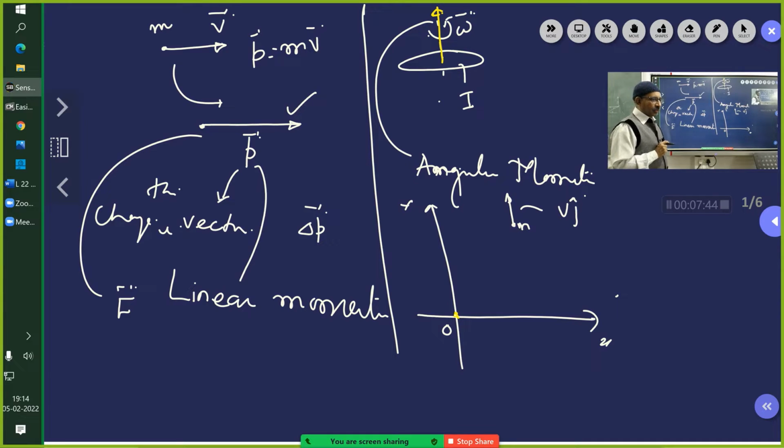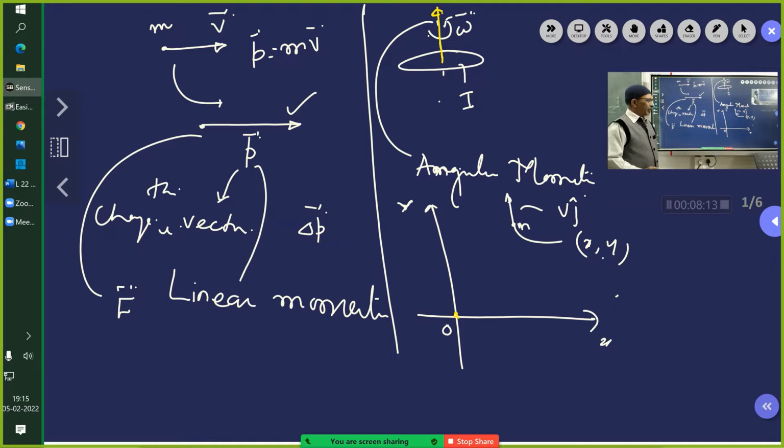It will have. And what is the angular momentum? Everybody try to answer. Sir, please give us coordinates. Assume. See, if nothing is given, then you can always generalize it.